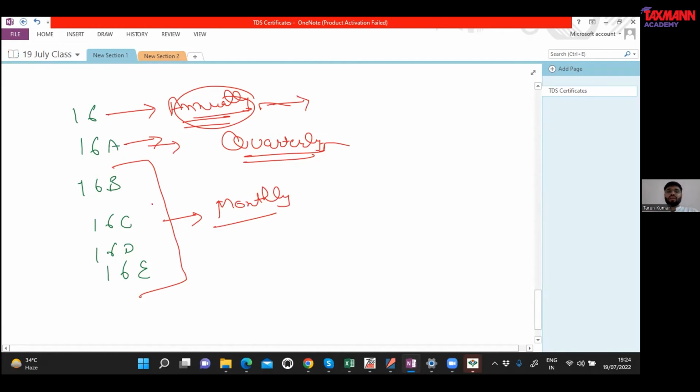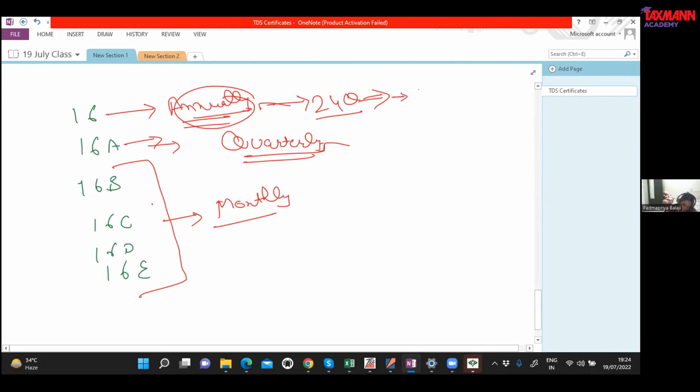Form 16 is issued for which TDS return form? It is Form 24Q. So what is the due date to file Form 24Q for the last quarter of the financial year? 2 months, sir, 31st May, sir? Yes, it was 31st May. So form 16 can only be issued after that, right? It cannot be issued before that, since it is to be issued annually.